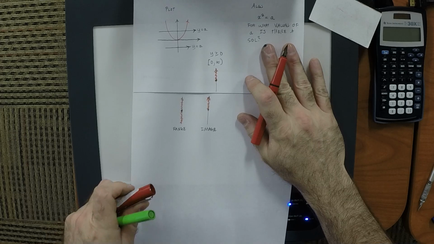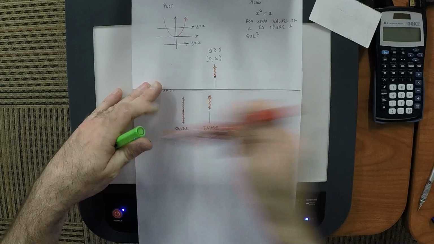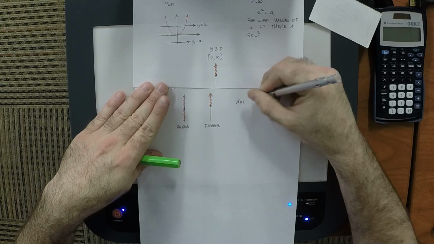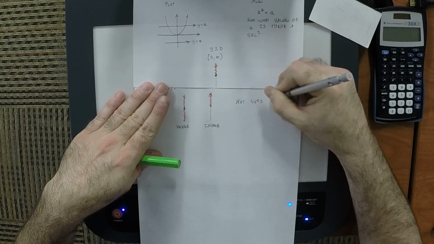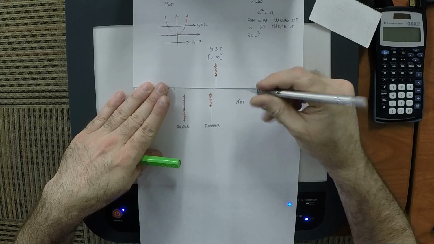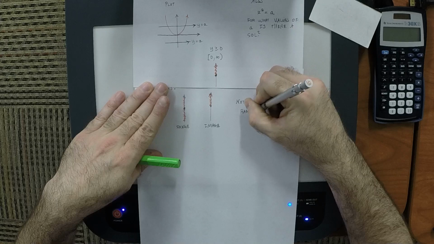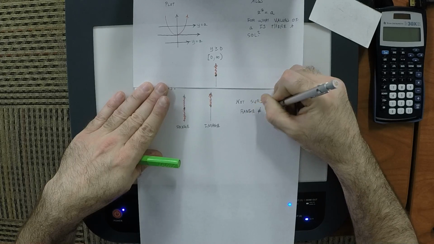And the answer is no. So not surjective. Because range is not image.